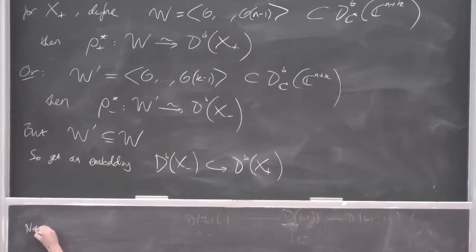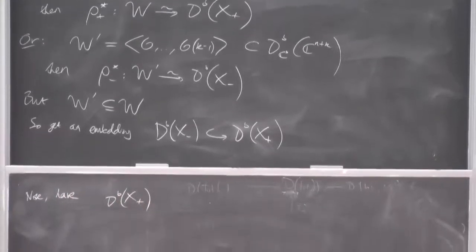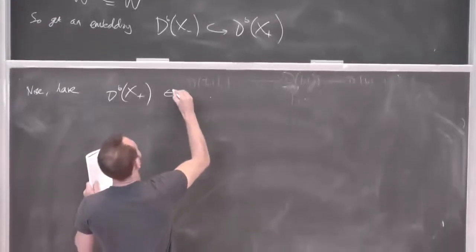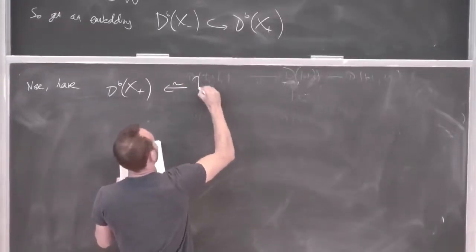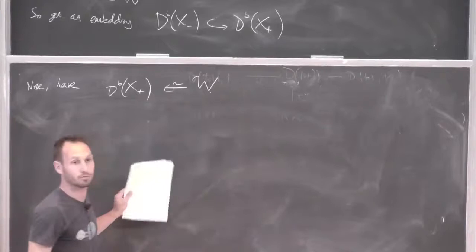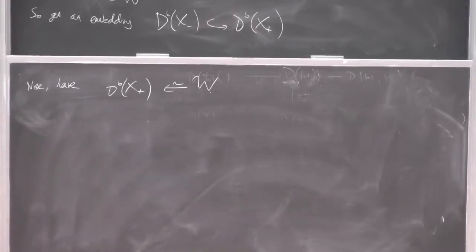So we have a functor which goes from the bigger category, the derived category of x plus, use the fact that it's equivalent to the big window, W, and now from W, I can just restrict down to x minus. Right? Now, that's not an equivalence. It's an equivalence on W prime. It's not an equivalence on W, but so what?